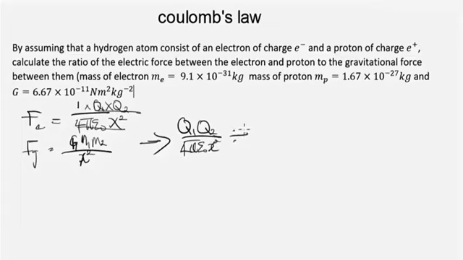Since we want to find the ratio, this will be divided by G M1 M2 over x squared.